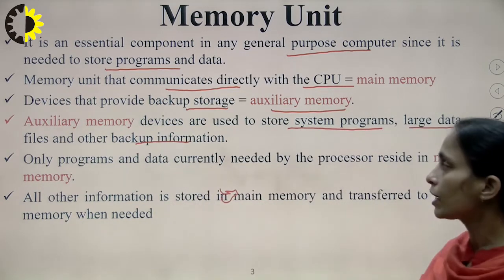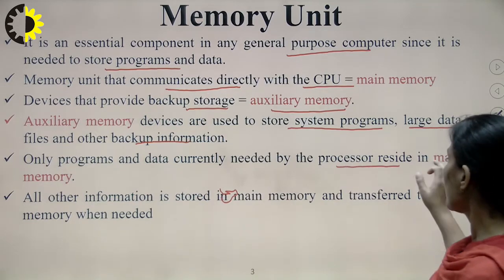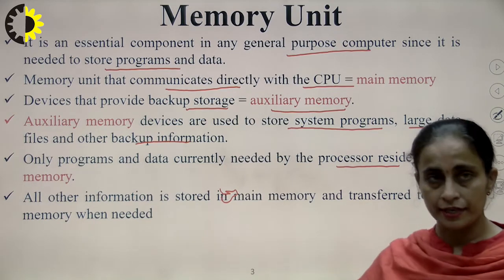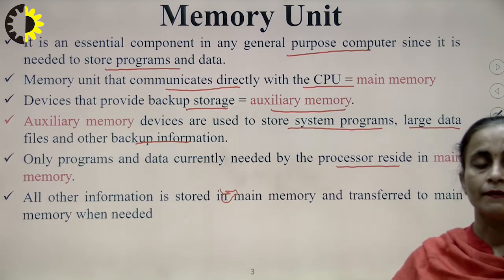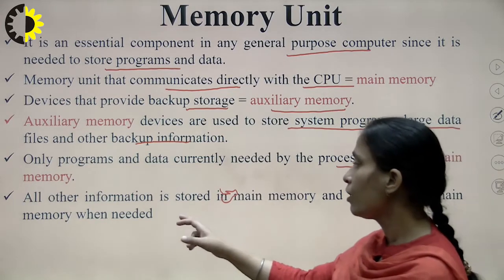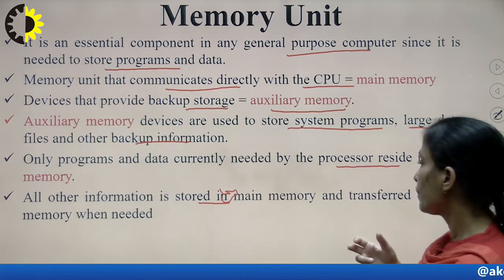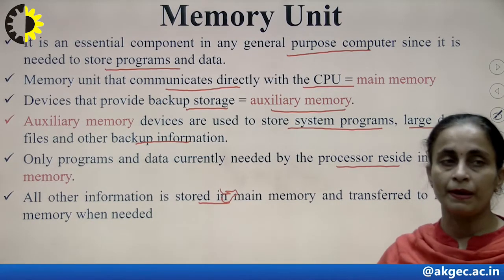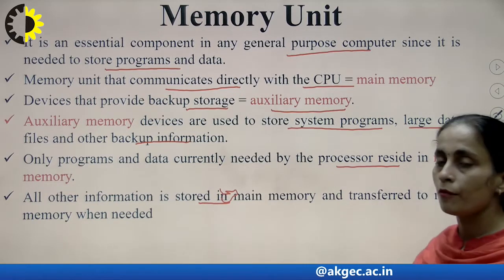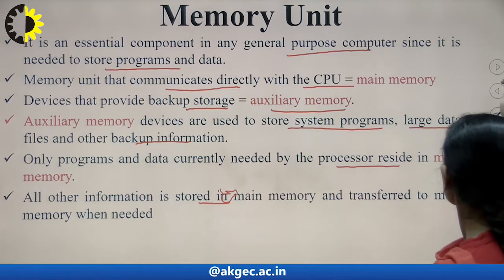Only the programs and data currently required by the processor should reside in main memory, because every program that has to get executed should reside in the main memory. All other information is stored in auxiliary memory and can be transferred again to main memory whenever it is required. That occurs in the form of page replacement algorithms that we will discuss in the next lecture series.